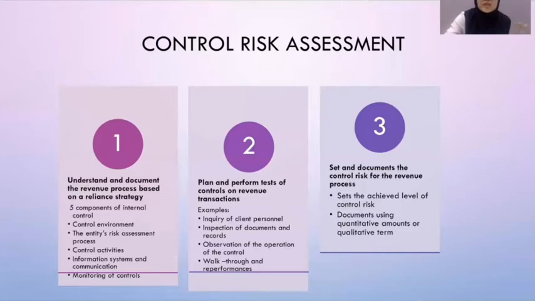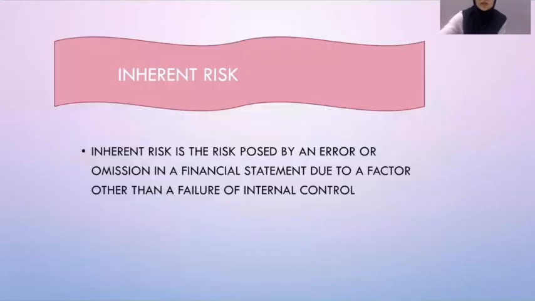However, if the tests of controls do not achieve the planned level for substantive procedures, then the auditor can set the control risk at a higher level than planned. After that, they need to document the control risk either using quantitative amounts or qualitative terms such as high, low, or medium. Next, we will go through the inherent risk.